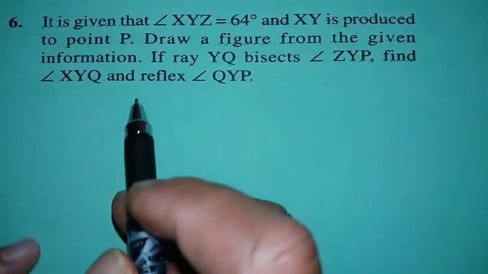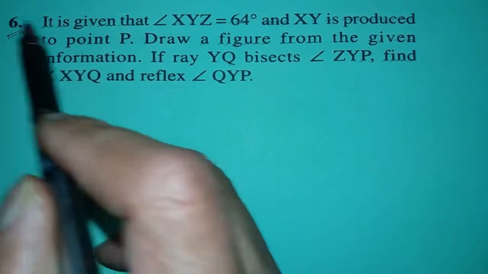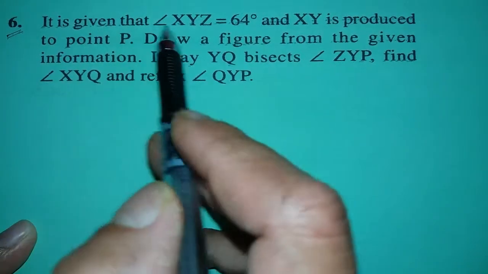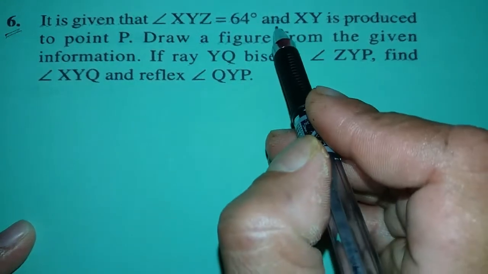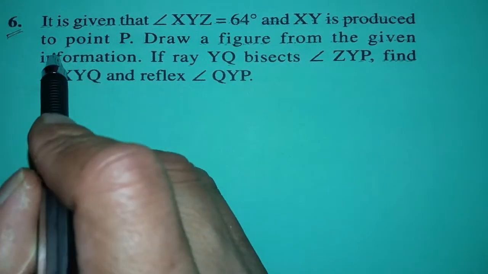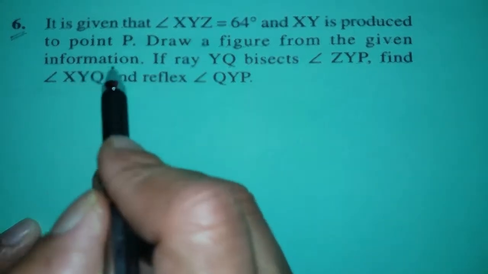Now in the next question we have question number 6. It is given that angle XYZ is equal to 64 degree and XY is produced to point P. Draw a figure from the given information.